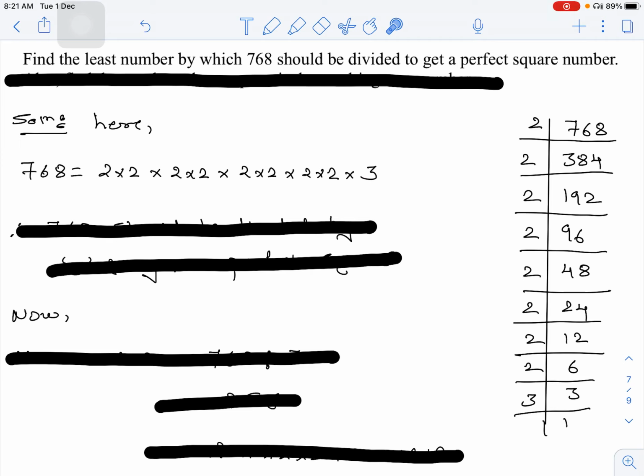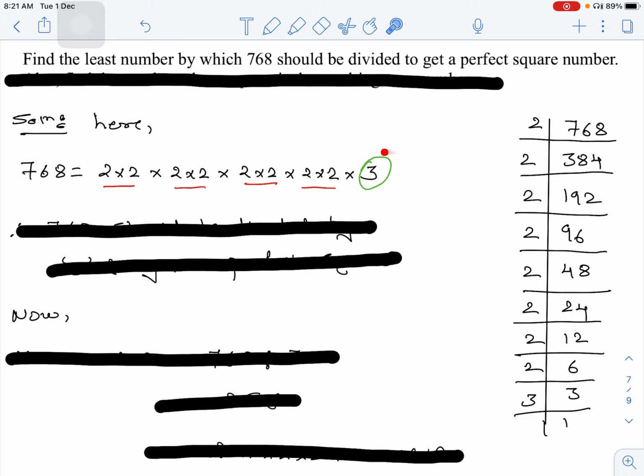Now if you look at these factors, it can be seen that this one is in a pair, this one is also in a pair, and this is also having a pair, but only this number is an unpaired number. Now the question is of division. By what number should it be divided?